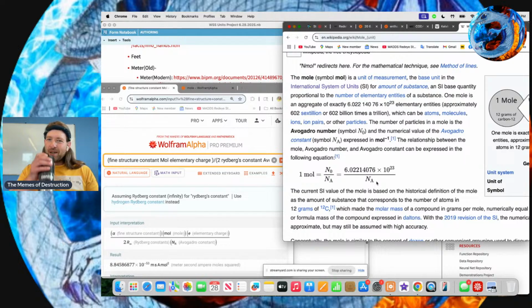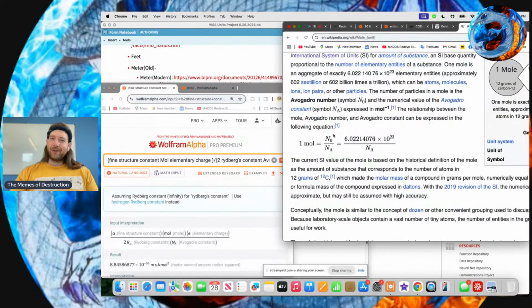Okay, so 1 mole. Ions, pairs, particles. The number of particles in a mole is the Avogadro number, and the numerical value of the Avogadro constant is expressed in moles to the negative 1. All right. The relationship between the mole, Avogadro's number, and Avogadro constant can be expressed in the following equation: 1 mole equals Avogadro's number over Avogadro's constant.